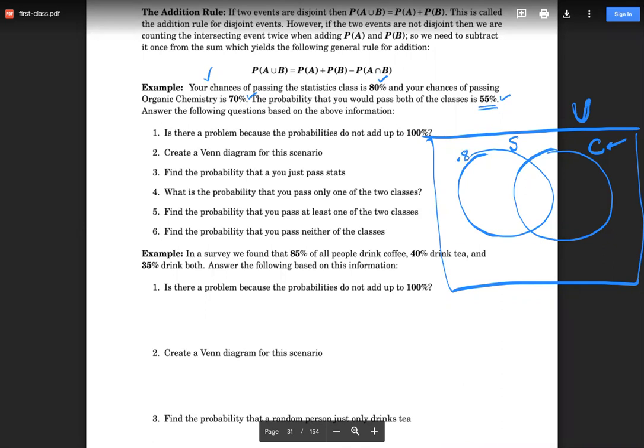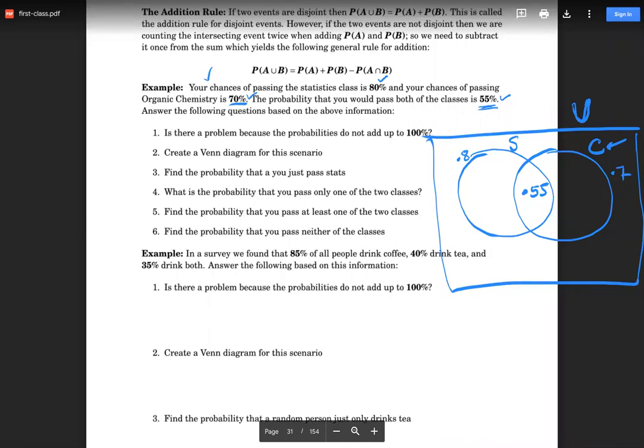And on the other hand, chemistry is 0.7, because there is a 70% chance that you will pass chemistry. And then there is a 55% chance that you will pass both. So this middle portion is going to be 0.55. It's not proportionate, remember. The left circle represents 80% of the area, the right circle represents 70% of the area, and the middle overlapping portion represents 55% of the area for both of these circles.